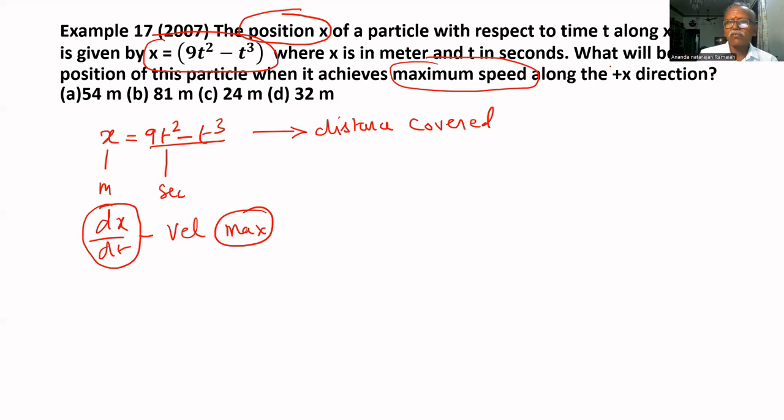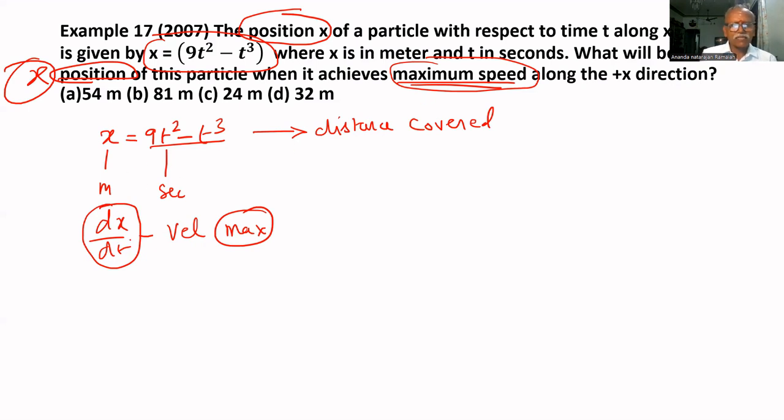Once again, we'll read the question: what will be the position of this particle when it achieves maximum speed along the x direction? Position means x. What is the value of x when it achieves maximum speed?